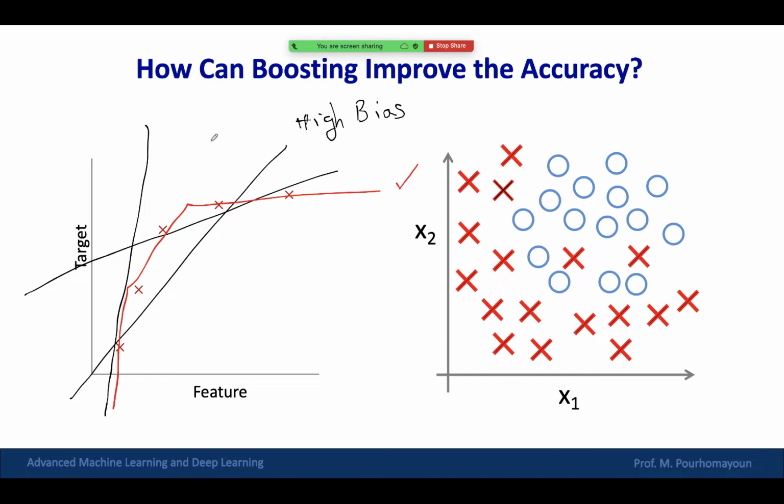So those three were high bias, low variance, but this new model, which is the combination of those three, is an ideal model for our case.